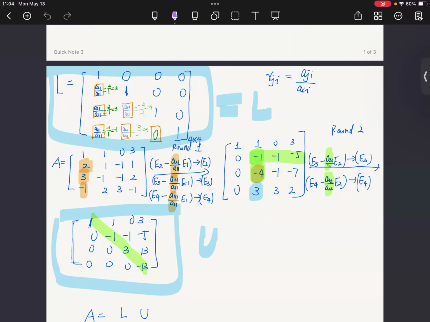This makes clear that this is the number you are going to fill out in the lower left matrix, the L matrix here.